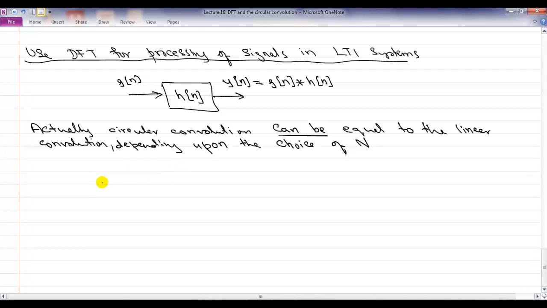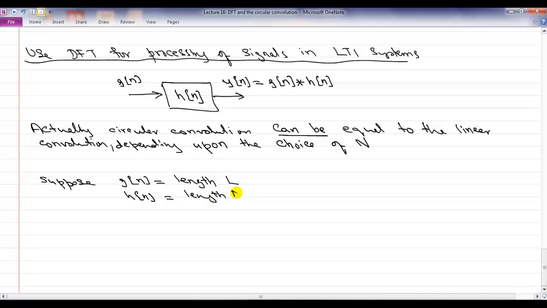For that, let's try to think about what is actually the length of linear convolution. So suppose Gn has length L and assume that Hn has length m.